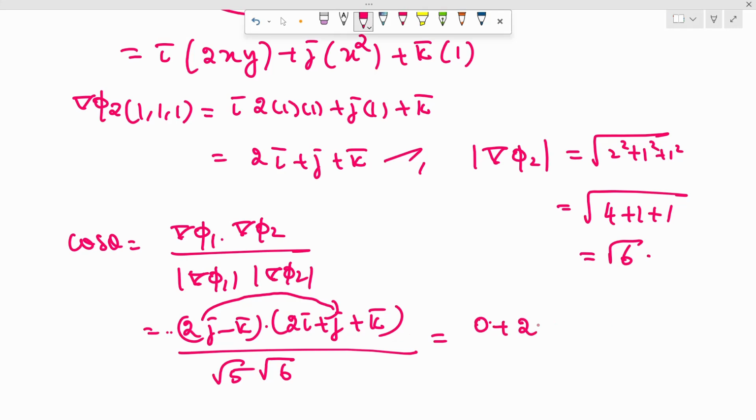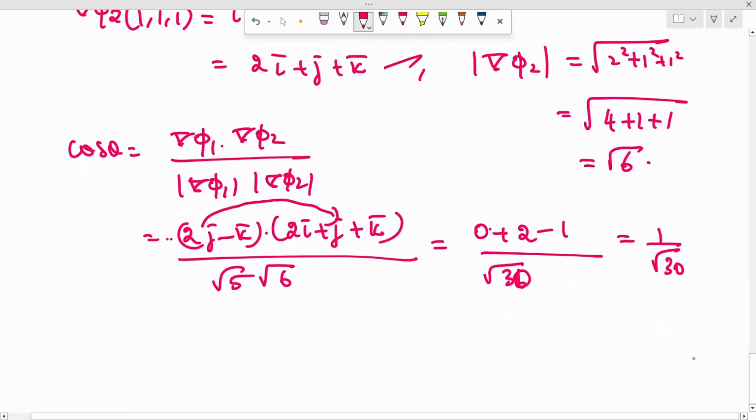Minus k into k will be minus 1. Divided by root 5 into root 6, which is root 30. The answer is 1 by root 30. Therefore, cos theta is equal to 1 by root 30. From this we can write theta is equal to cos inverse of 1 by root 30.